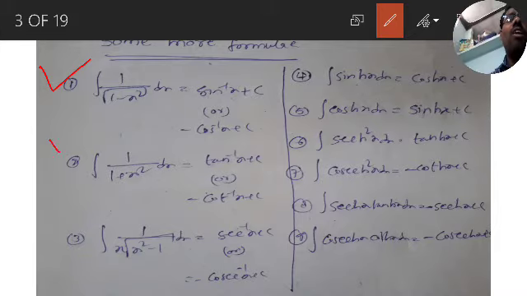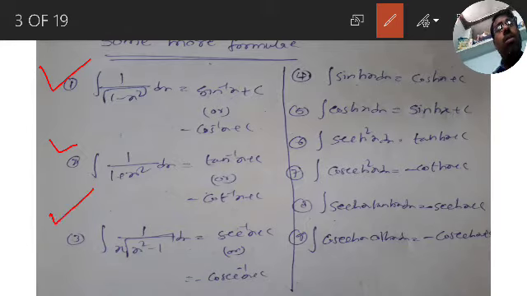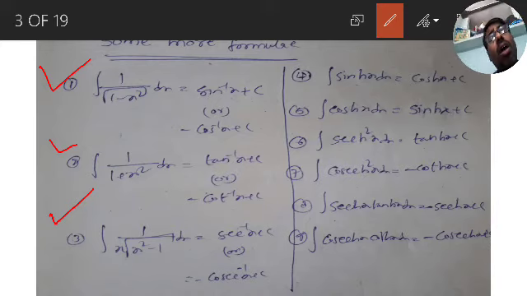Therefore, integration of 1 by 1 plus x square is tan inverse x plus c, or minus cot inverse x plus c. Integration of 1 by x into square root of x square minus 1 dx is sec inverse x plus c, or minus cosec inverse x plus c.